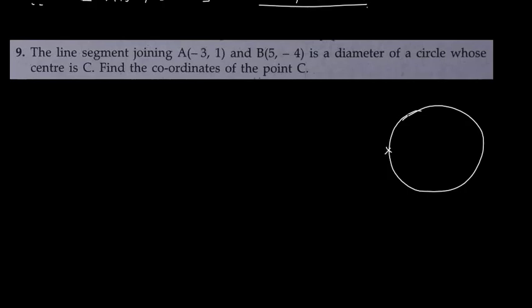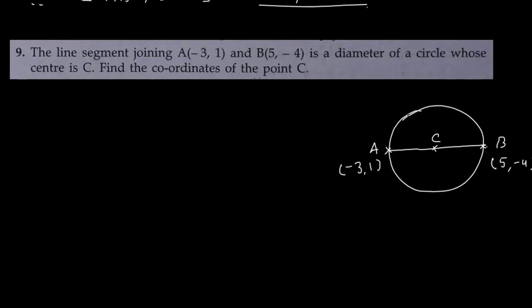So AB is diameter. So here we have AB. The coordinates you have are minus 3 comma 1 and 5 comma minus 4. And C is the center. So here we have center C.